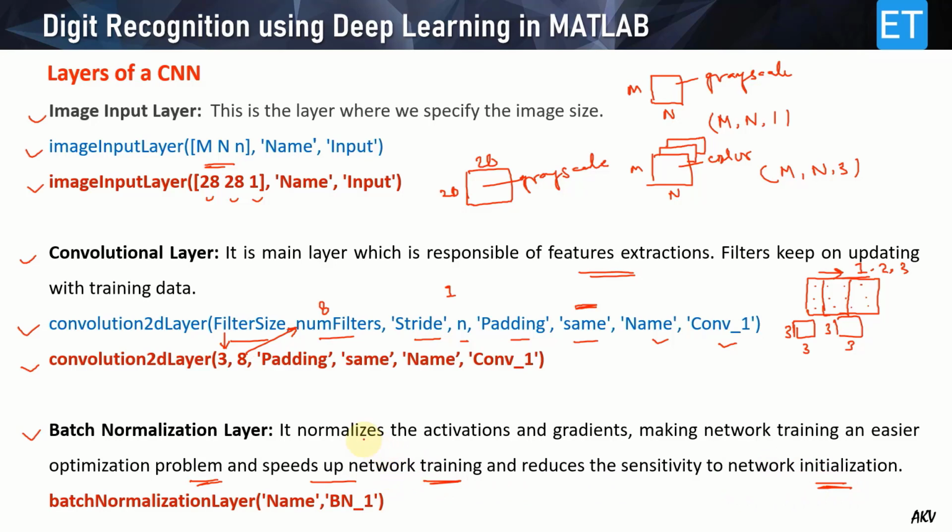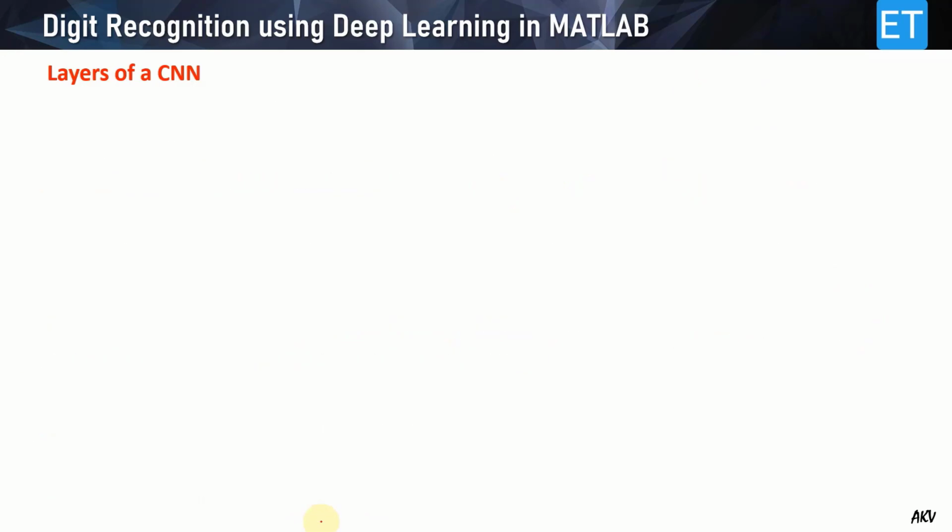It is used just after the convolution layer, in between the convolution layer and the ReLU layer. And the syntax is simple. You just write the name batchNormalizationLayer. This is your command, and in the bracket you can give the name to this layer. You can omit it also. There are no other options.